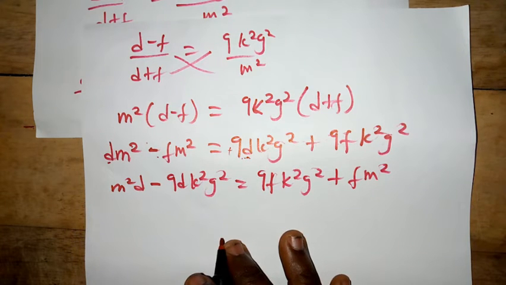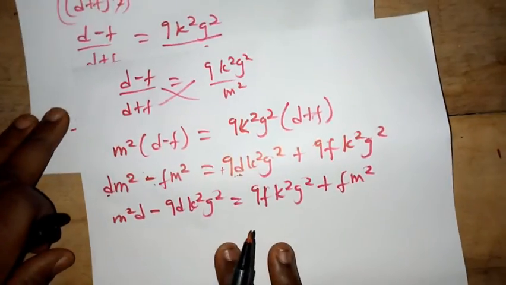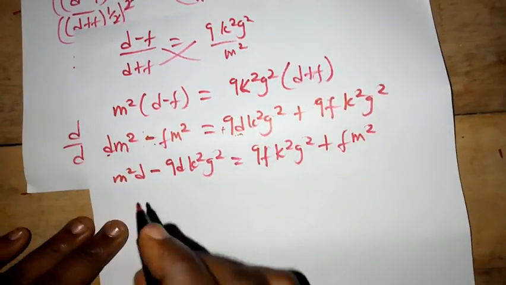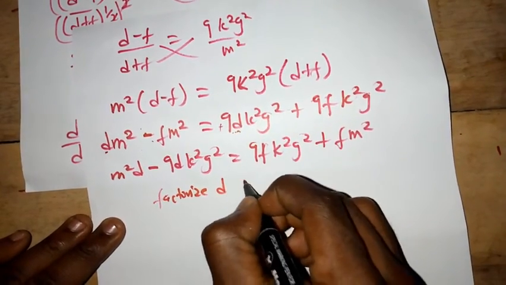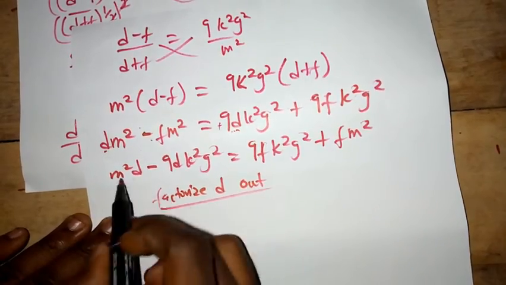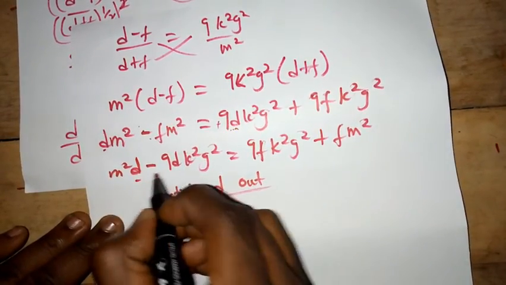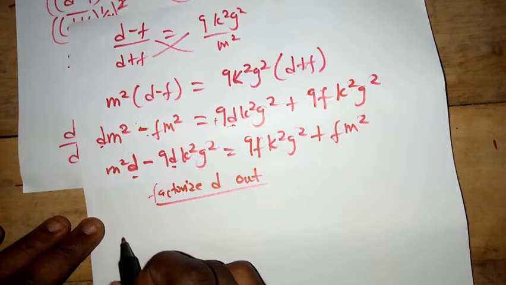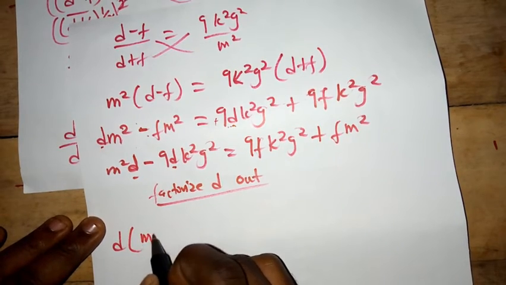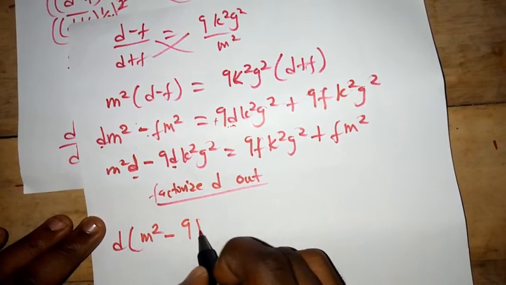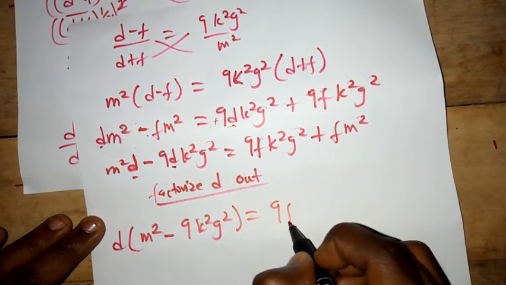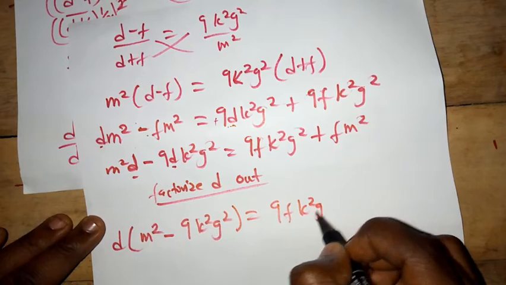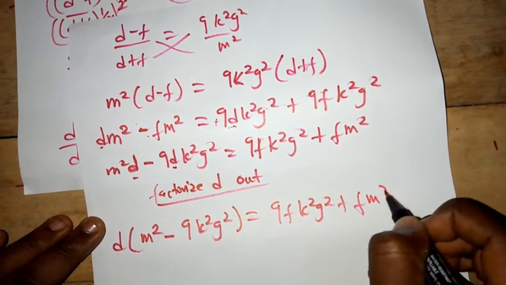So what we can do next is to factorize d out. Since we have d here and d here, we factorize d out. Then we have m squared minus 9k squared g squared here being equal to 9fk squared g squared plus fm squared.